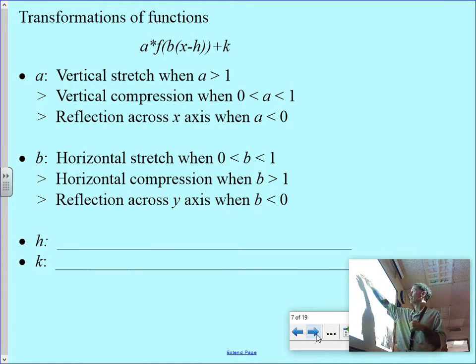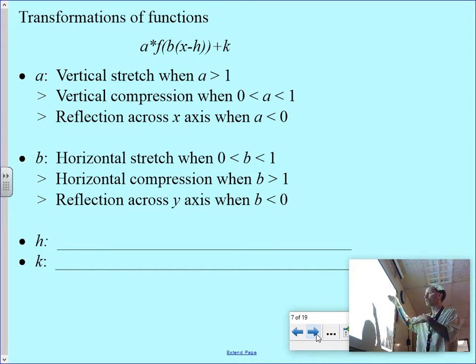So it's a horizontal stretch when b is between 0 and 1, a fraction like 1/2 or 2/3, and it's a horizontal compression when b is greater than 1, like 3 or 5 or whatever. It's hard to demonstrate what that looks like until you know what sine and cosine functions look like, so don't worry too much about those. Just know what the properties are.